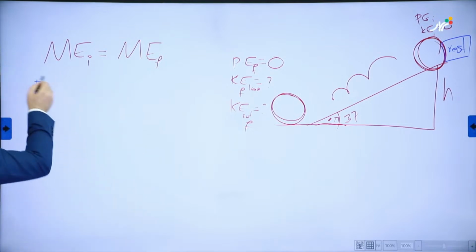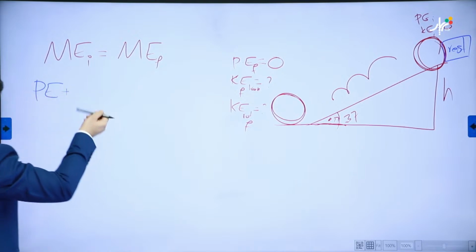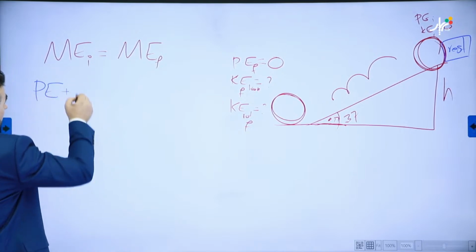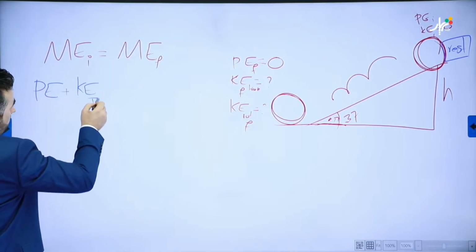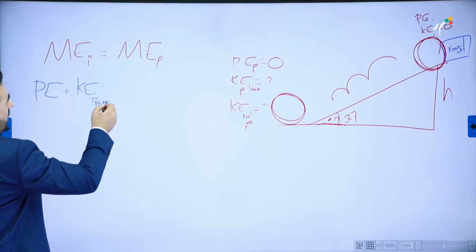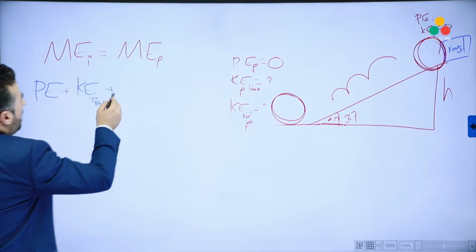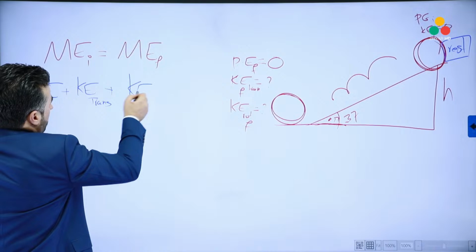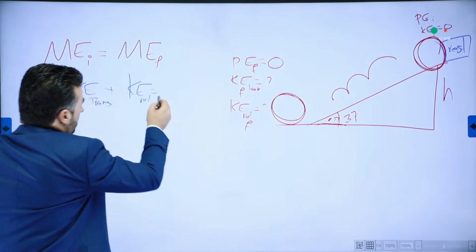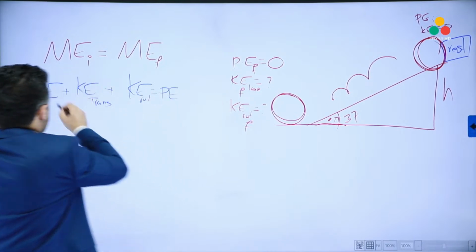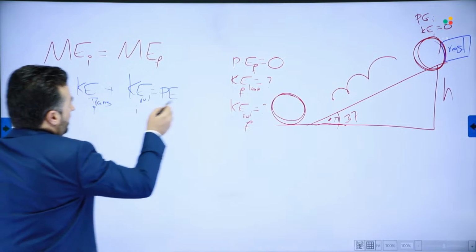So we can say potential energy plus, let me just write down these, translational kinetic energy, all right, and then rotational kinetic energy equals to what? Equals to, again, potential energy. These are initial, by the way, initial and initial.